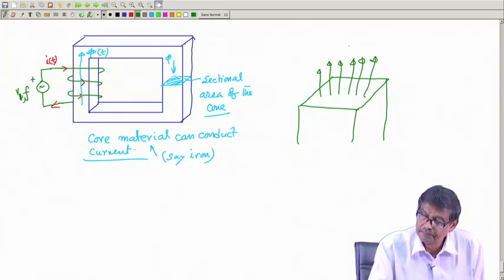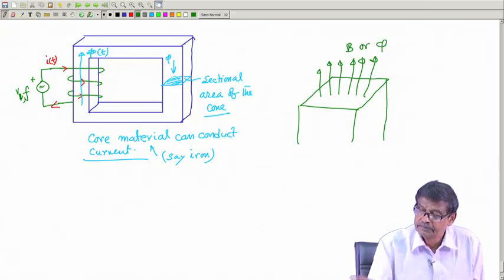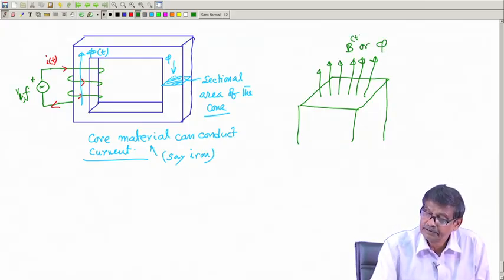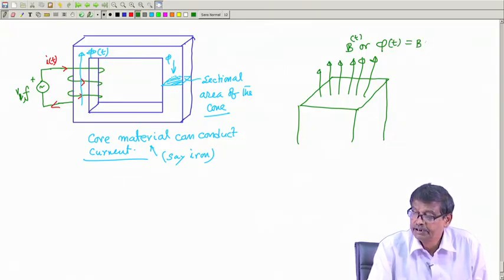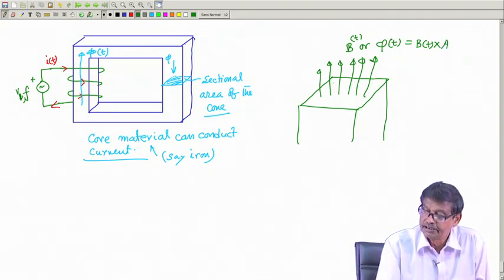These are B or phi. B is also a function of time, because phi t is after all B t into the cross sectional area A.